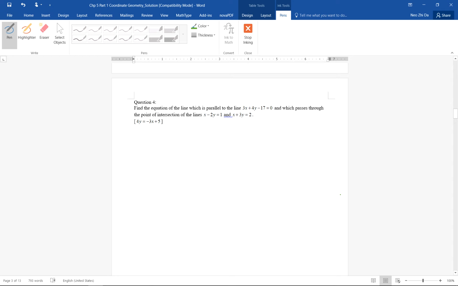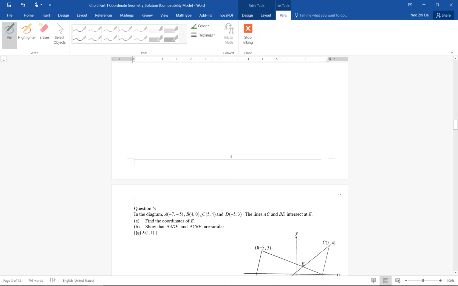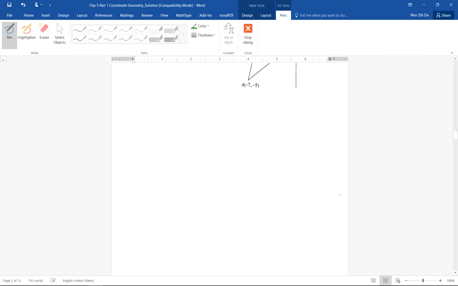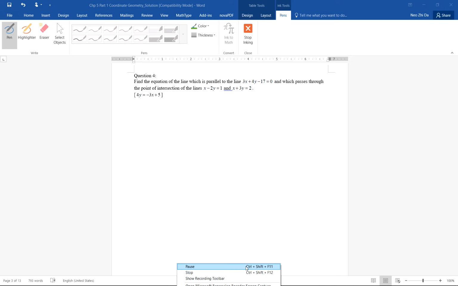Okay, you do question 4 and question 5 now, thereafter I'll go through. For students who really don't know how to continue, I'll give you a hint. First and foremost, for an equation, once again, you need one pair of coordinates which lies on it, and then you need the gradient.